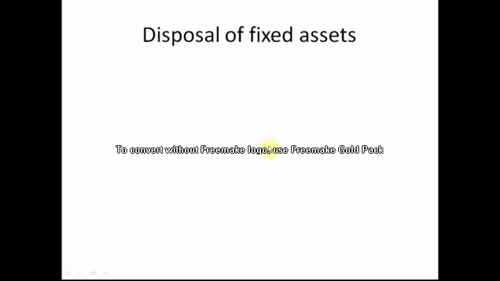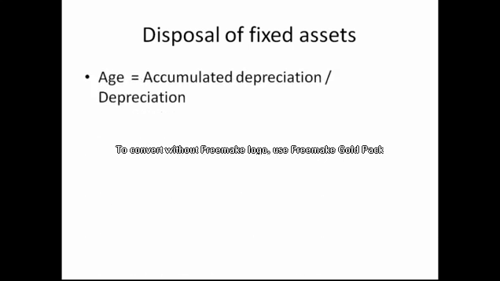There are going to be times, mostly after the useful life of an asset, that we are going to need to dispose or get rid of our fixed assets. Now, related to this is the concept of the age of a fixed asset. We know that the accumulated depreciation is simply the sum of all the depreciations over the lifespan of the asset.